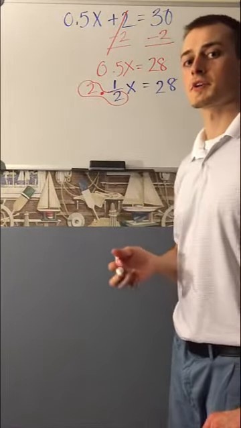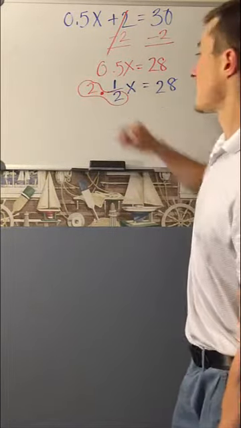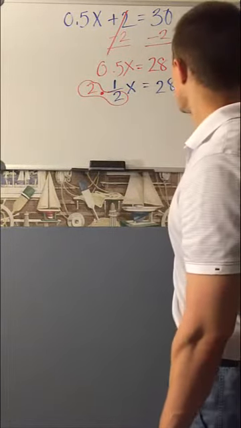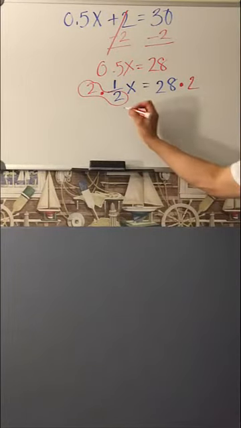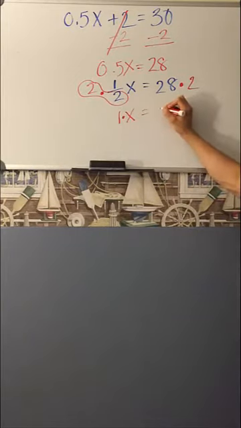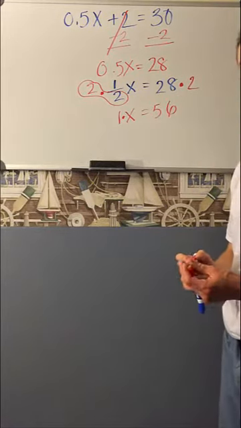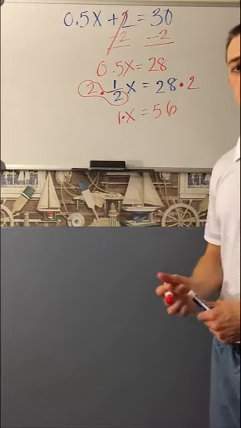So that would work out pretty nicely. And again, it's an equation, so if I multiply by a 2 over here, I've got to multiply by a 2 on this side as well. And so then I end up with 1x equals 56, because 28 times 2 is equal to 56.